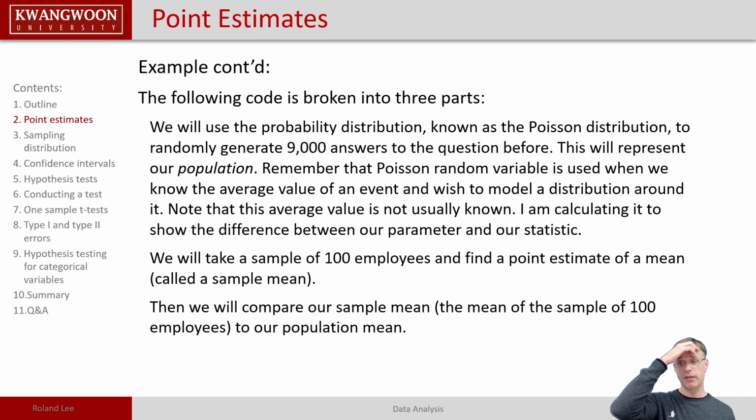So please remember that the Poisson random variable is used when we know the average value of an event and wish to model a distribution around it. Now, note that this average value is not usually known. We have to calculate it to show the difference between our parameter and our statistic.